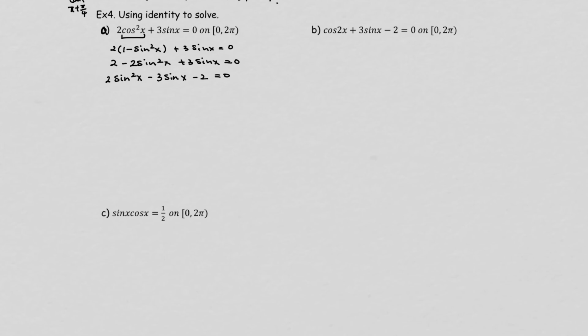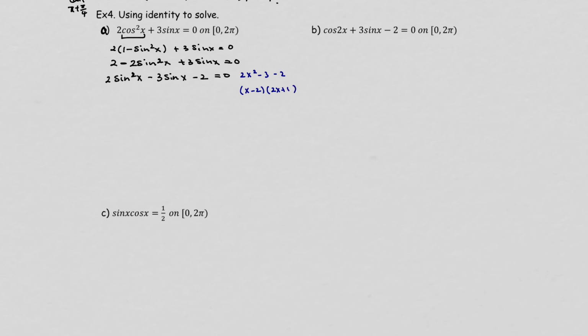So again, in order to make the square come first and make this negative positive, you multiply everything by negative and make it descending order, right? And then when you factor this, because it looks like a quadratic, this is similar to 2x squared minus 3x minus 2. And when you factor this, you get x minus 2 and 2x plus 1.